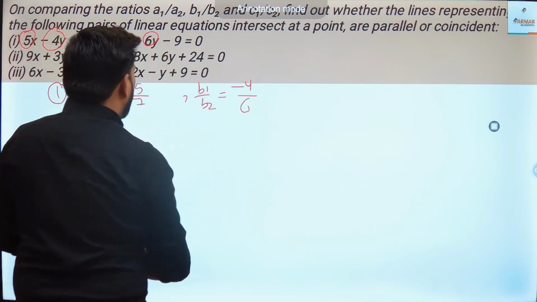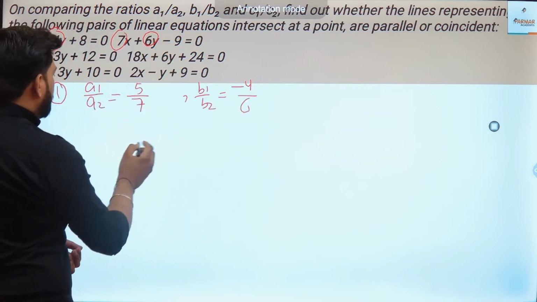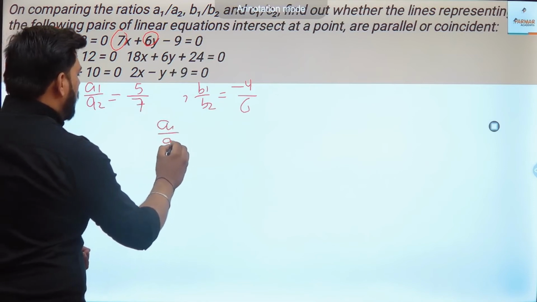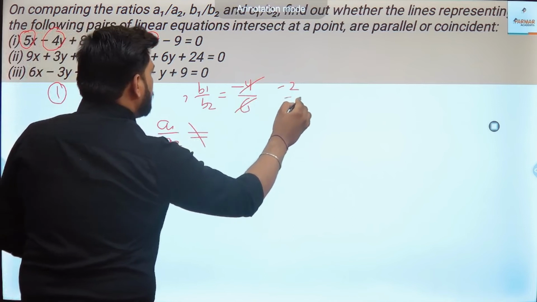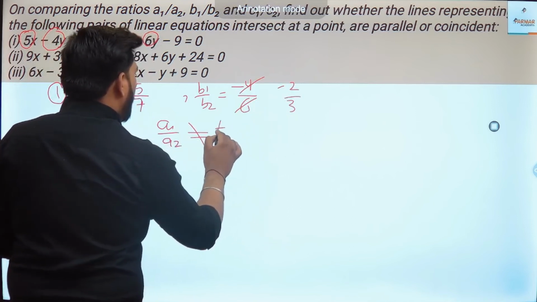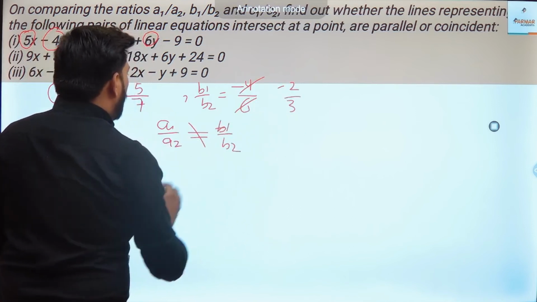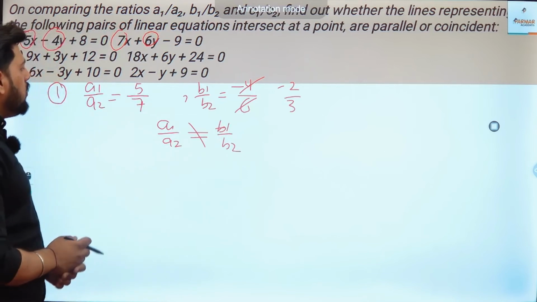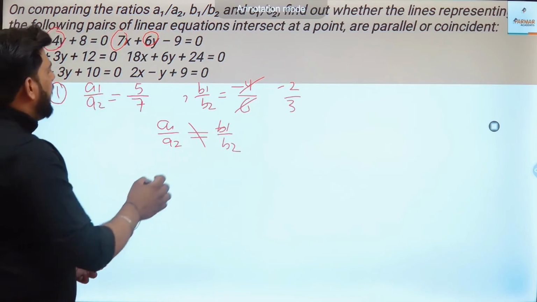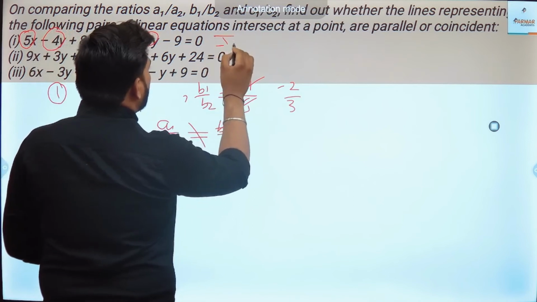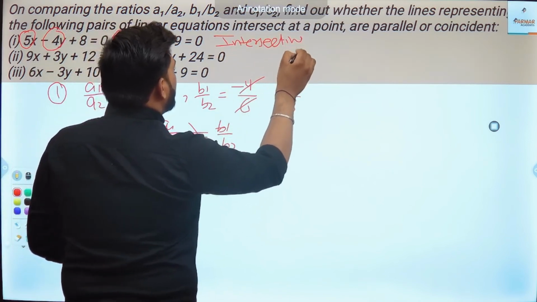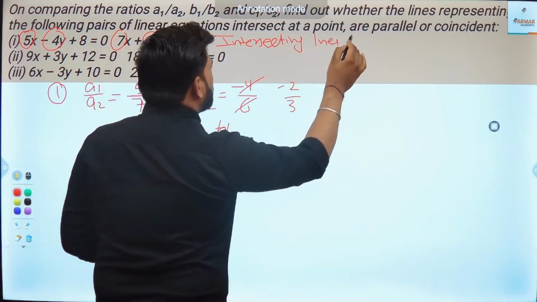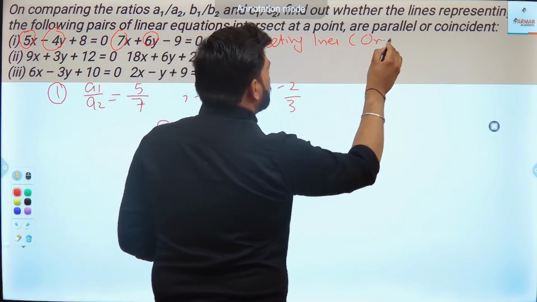Now look here, clearly a1 upon a2 is not equal to b1 upon b2. The first two ratios are not equal, so these two lines represent intersecting lines. Intersecting lines means one solution.